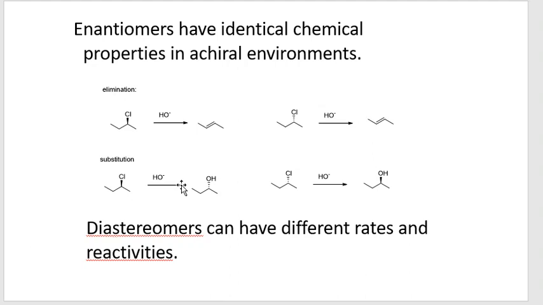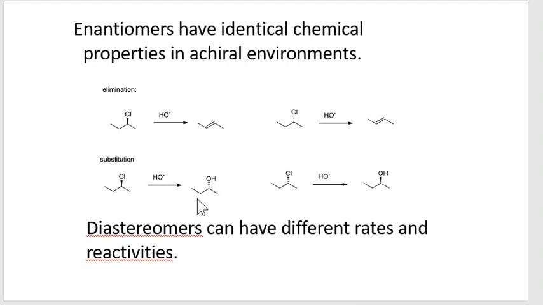So, for instance, in the reaction at the top, the reactants are two different enantiomers, and you wind up with the same product, at the same rate. It doesn't matter.